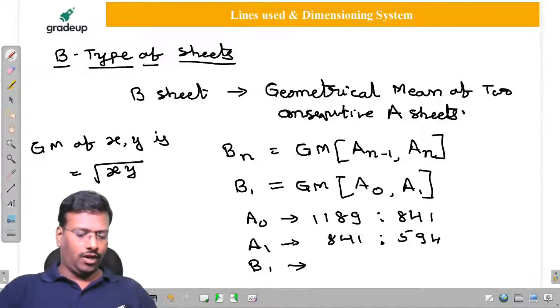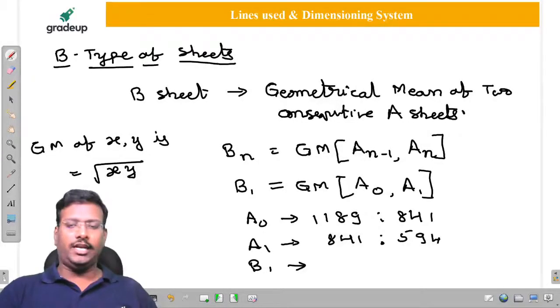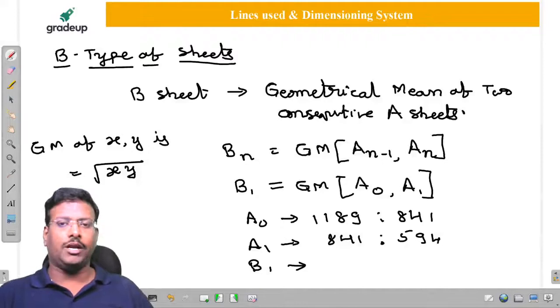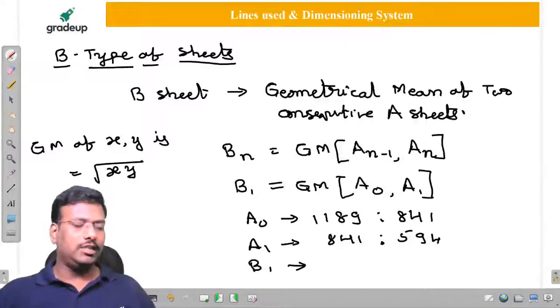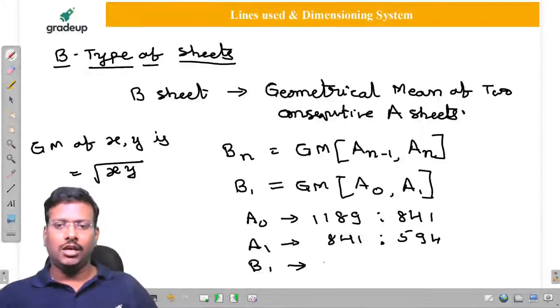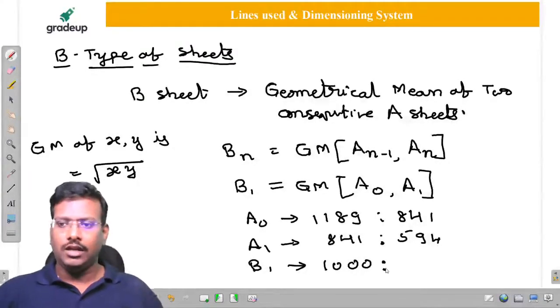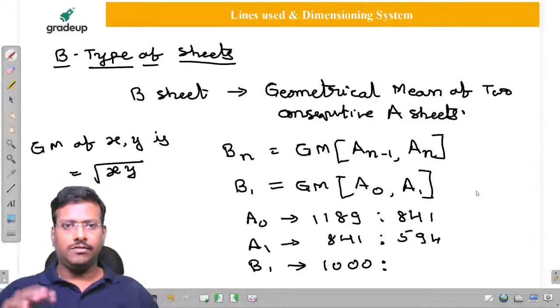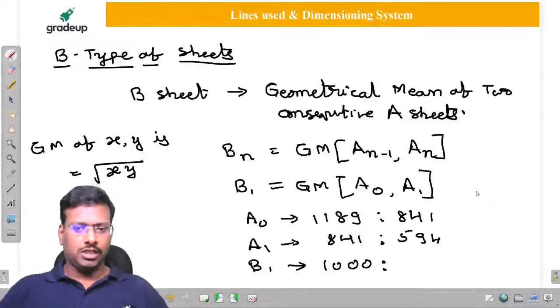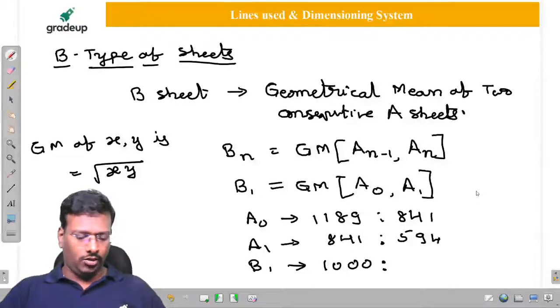The square root of 1189 by 841 gives 999.97, which is nothing but 1000 mm. Or otherwise in meters also you can consider it. We are going to get it as 1000 by. What about the second one? My dear friends, is it clear? Just try to respond, because if you do like that only you can get more information.